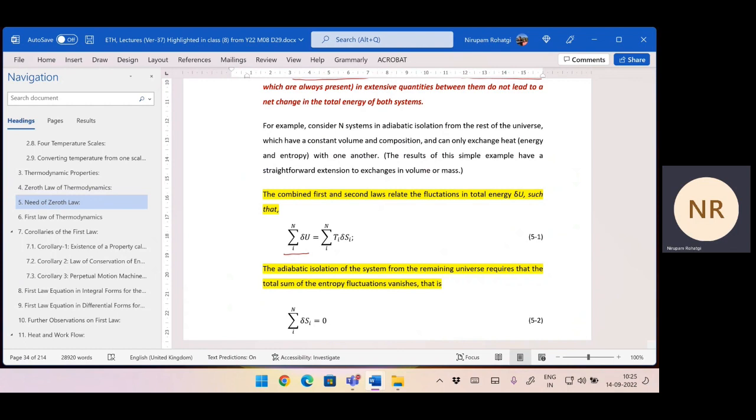So there are n bodies within the system, which is isolated, and there is some fluctuation. So the internal energy of each one of them will change by delta U, and you sum it up. And what will be the change in entropy? For the time being, we have not talked about entropy, but you take it that delta U is equal to TdS.